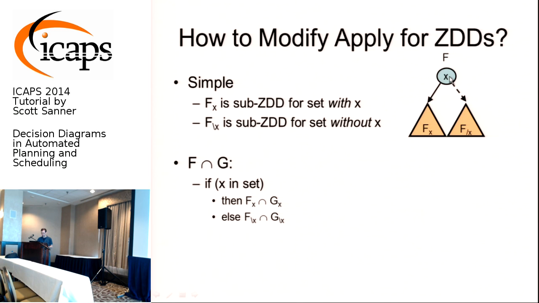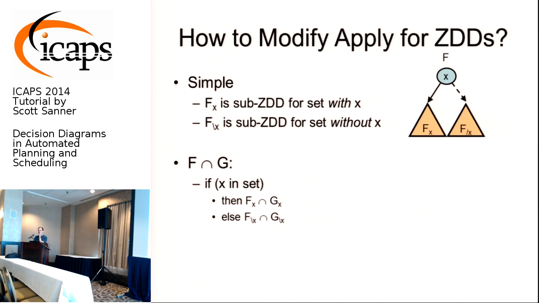Now I'm recursing on x. If x is in the set, then I want to take the intersection of the x true branch of f and the x true branch of g. And if x is not in the set, I want to take the intersection of the false branches. So again, from here, I get to recurse on the subbranches and the subfunctions of f and g, just as I did in apply.